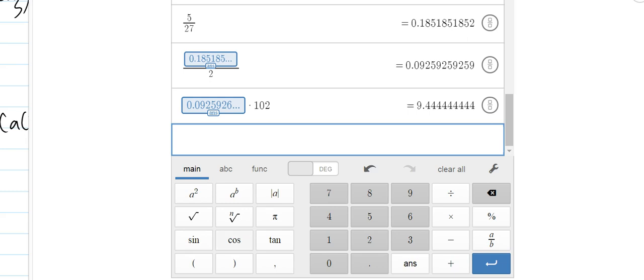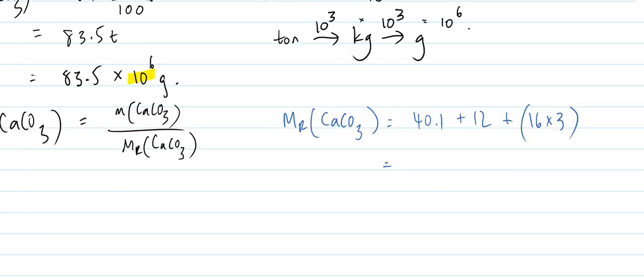So we plug that in. 40.1 plus 12 plus 16 times 3, or 48, is 100.1 grams per mole. So that goes into here.